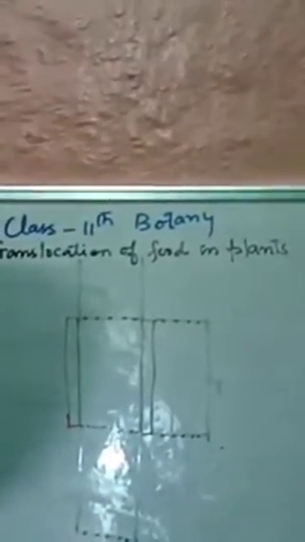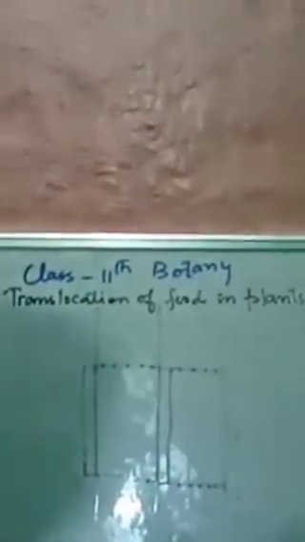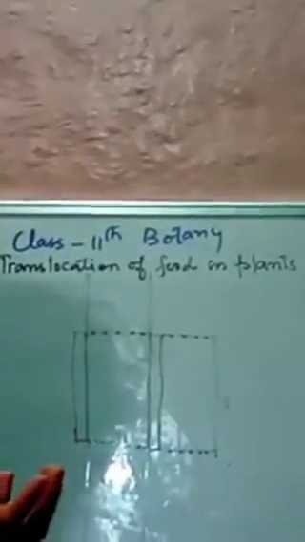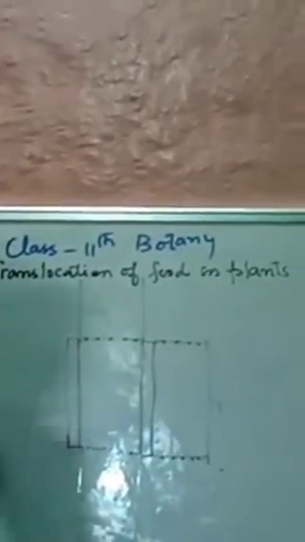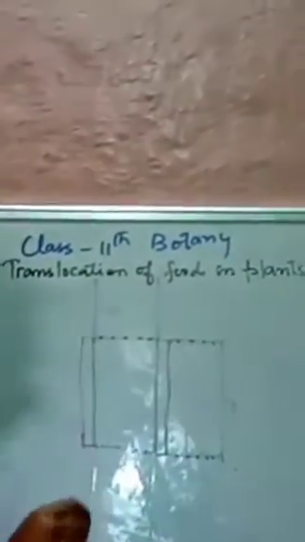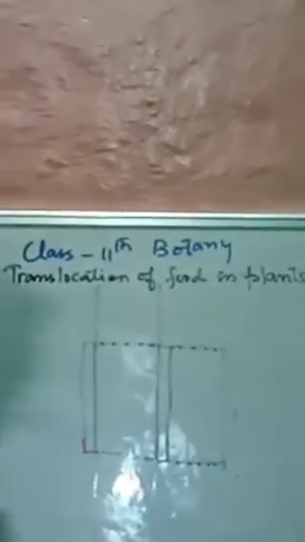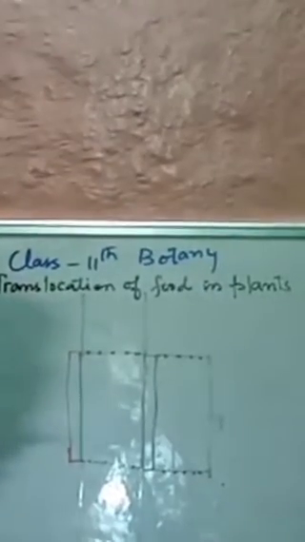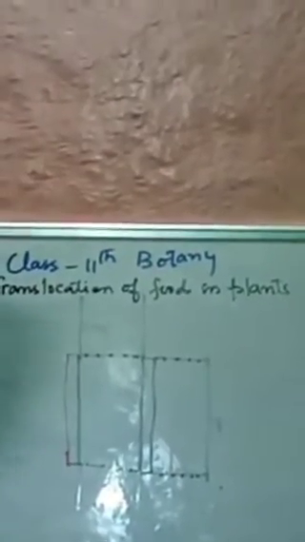Now we know that the food which is synthesized, is synthesized as glucose, then it is translocated as sucrose, then it is stored as starch. What happens when it is being translocated from the leaves, from the source?